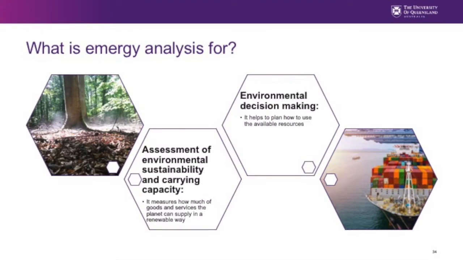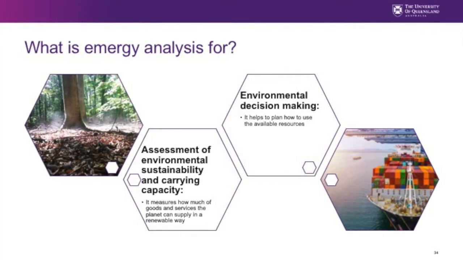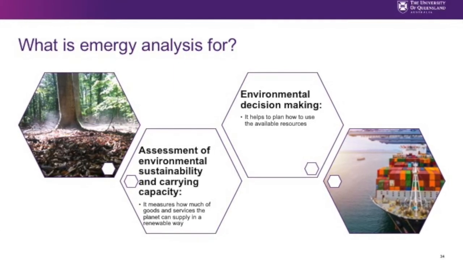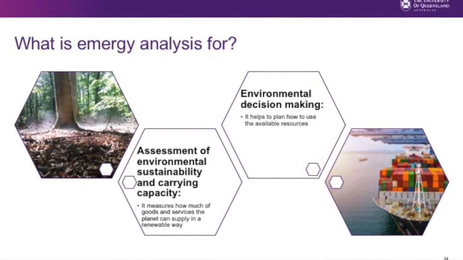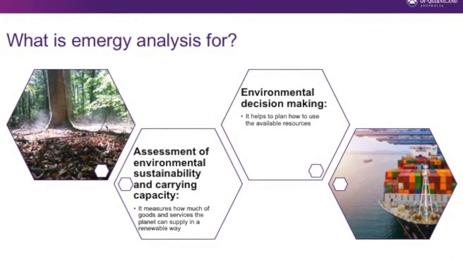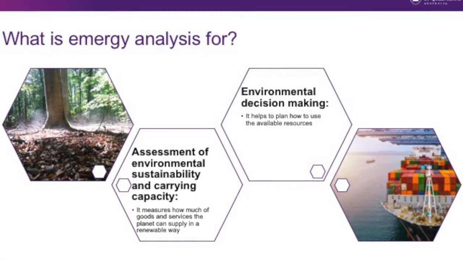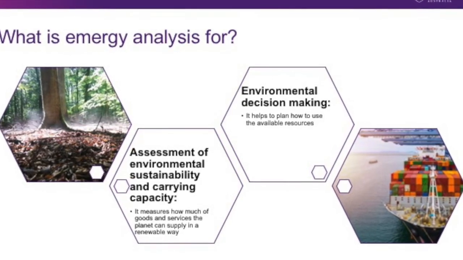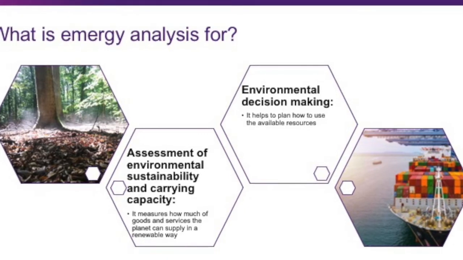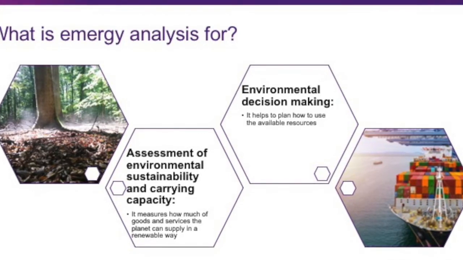Therefore, this method can be used for assessing environmental sustainability, but also the carrying capacity, meaning how many goods and services the planet can supply also in a renewable way. Also, it helps companies, for instance, with environmental decisions, because it helps to plan how to use the available resources.